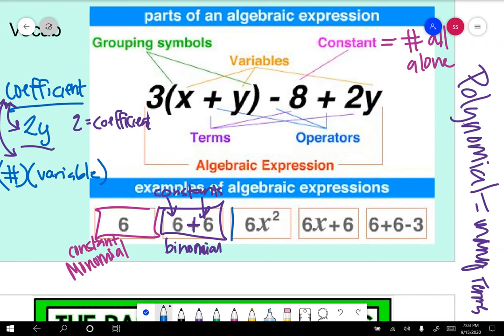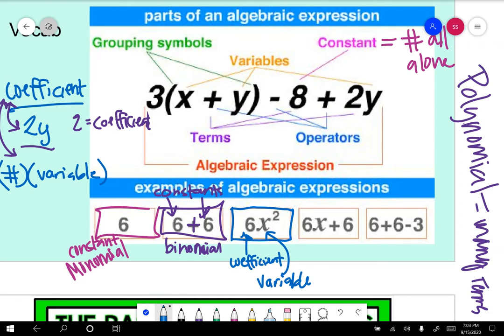Okay. Here, we have 6 times x to the second power. So 6 right here is going to be a coefficient because it's the number that's being multiplied by some variable. We would call x our variable.